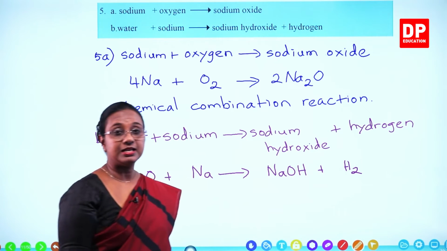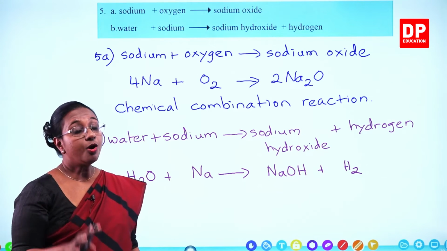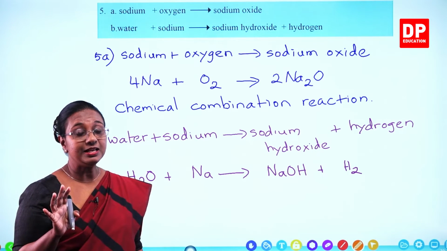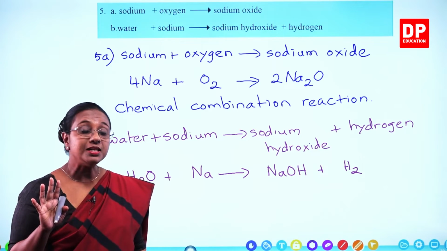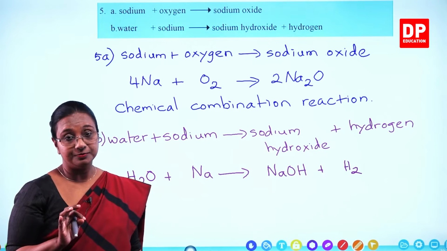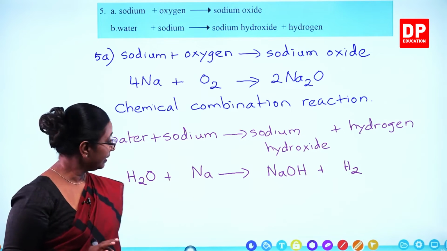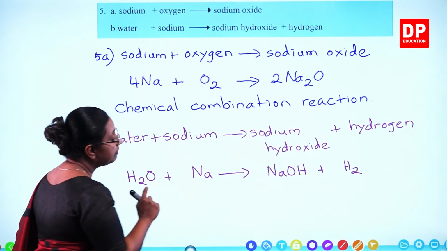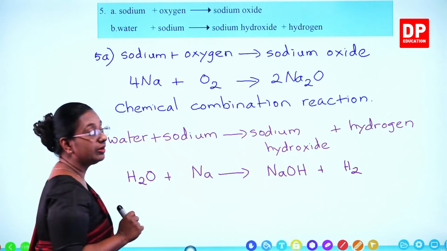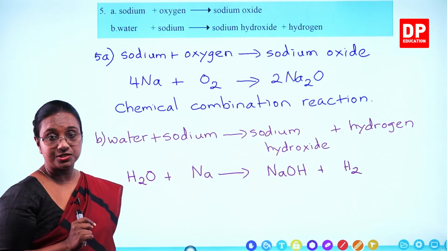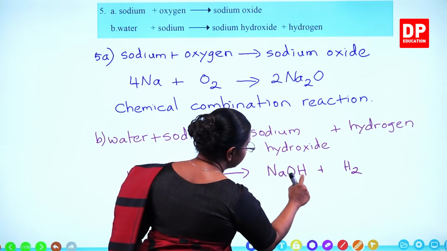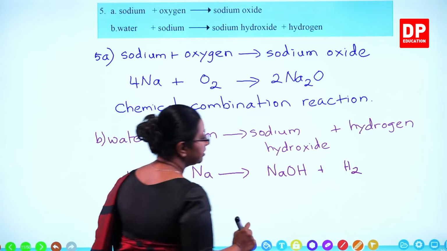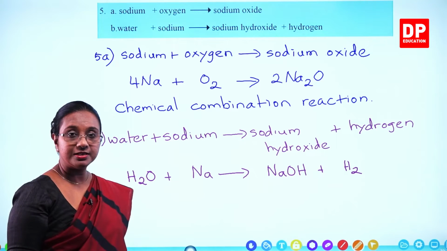There are 3 hydrogens there. Normally you are used to balancing it by taking the least common multiple. But we don't have to do that here. What we can do is, if we put a coefficient 2 in front of NaOH, then what will happen? There will be 2 hydrogens and 2 hydrogens. There will be 4 hydrogens.